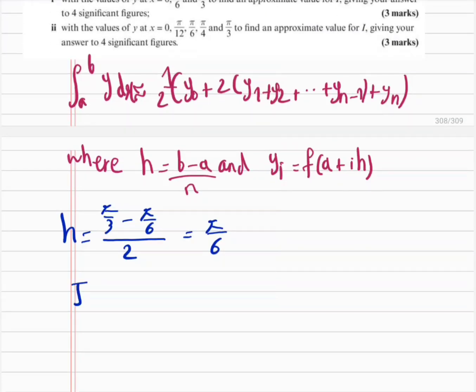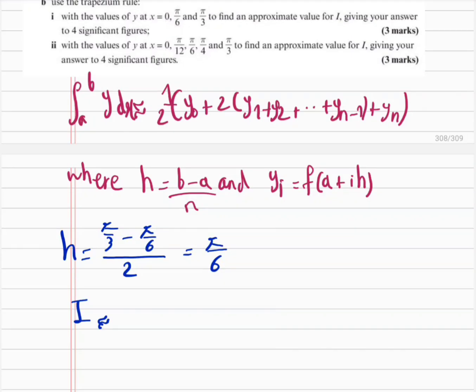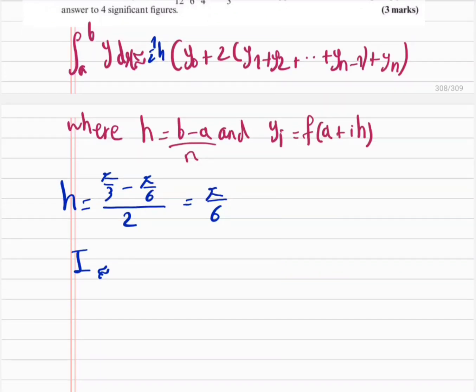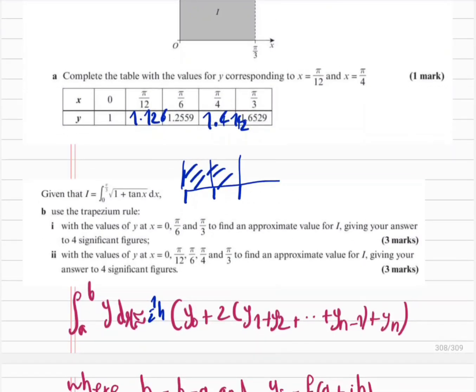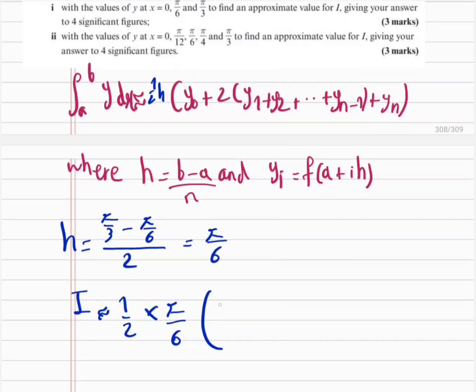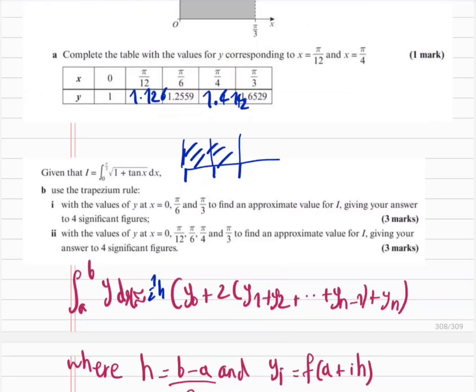Then we substitute this into the formula, I is approximately equal to half h, so outside we have half times h, where h is pi by 6. Inside, y0, the first y value, is just 1, and then 2 times the approximated y values that we found.